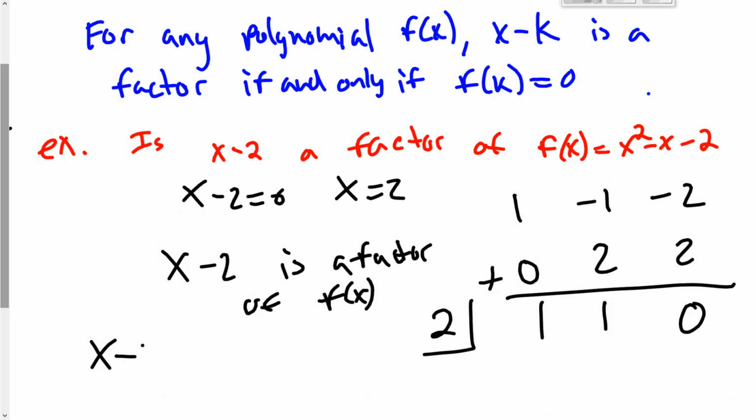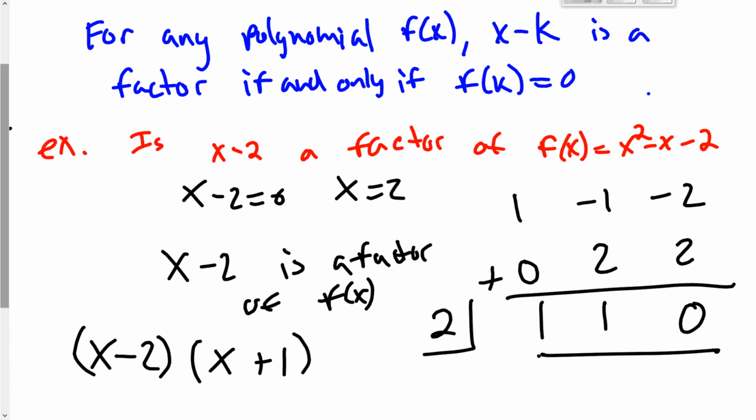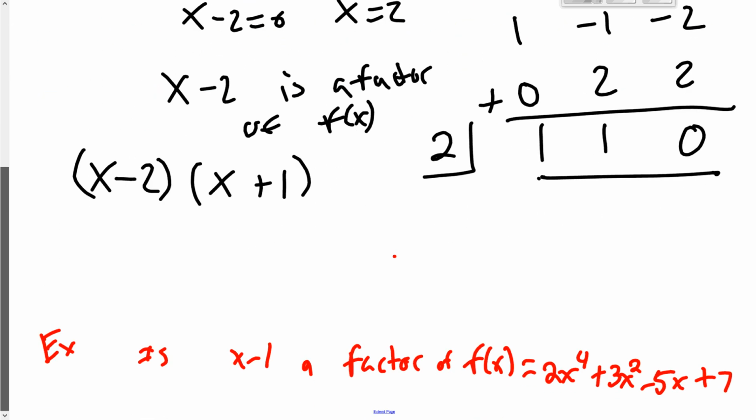We can see that because we could actually multiply this out: x minus 2 times this polynomial right here, which is x plus 1. If I FOIL that out, you can see that I get x squared minus x minus 2. So x minus 2 is a factor. You could try this one on your own if you wanted to.